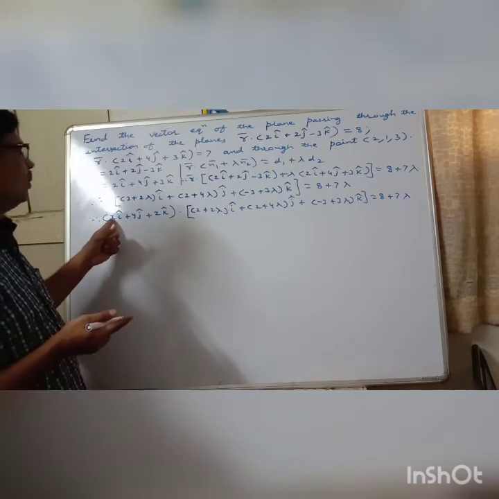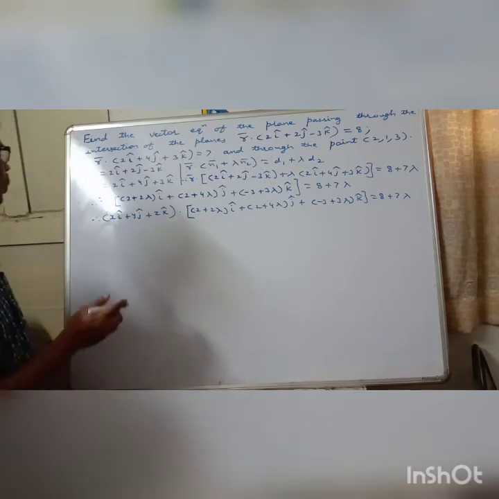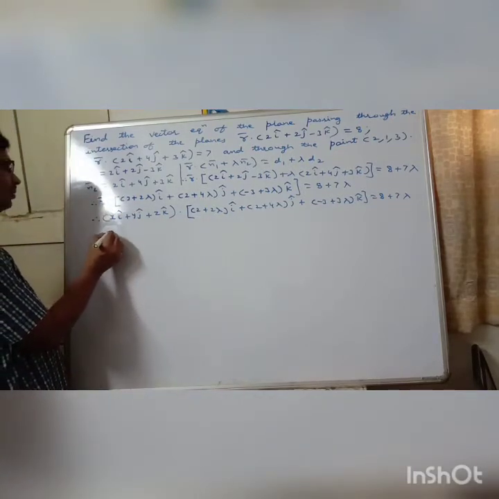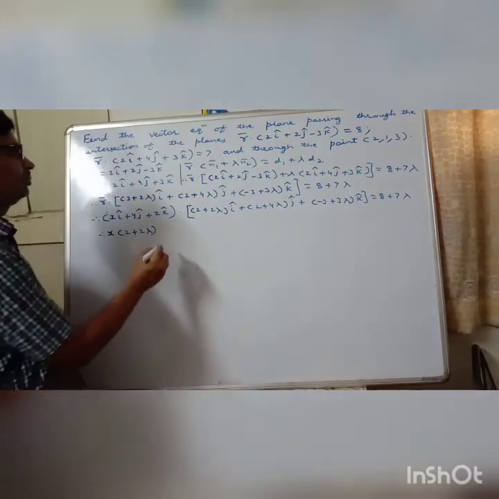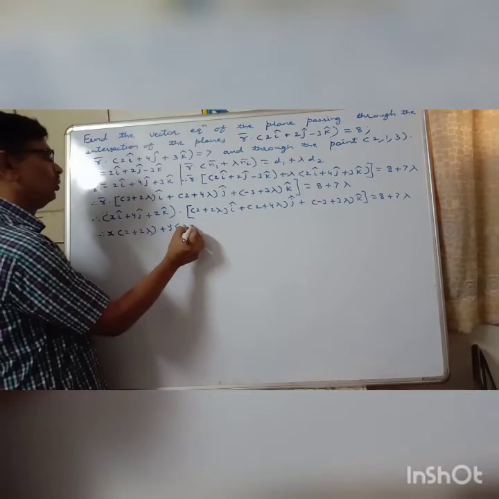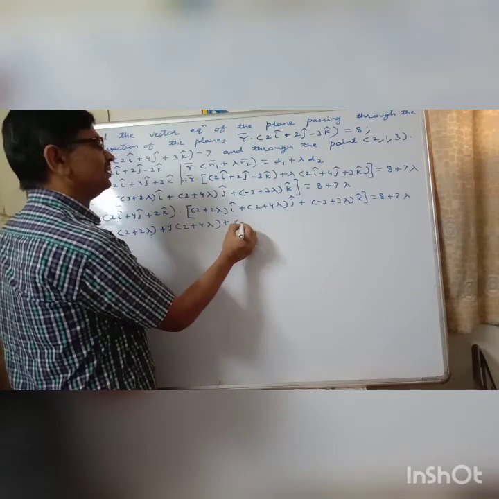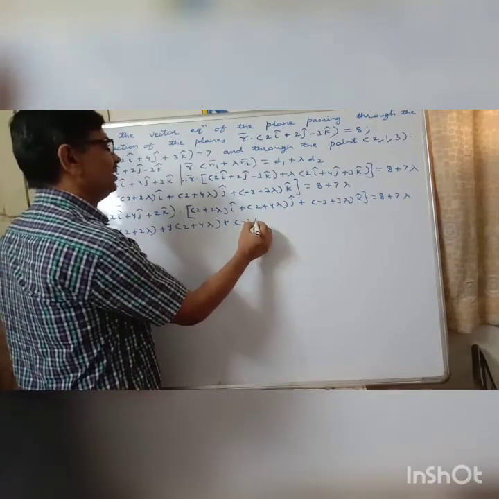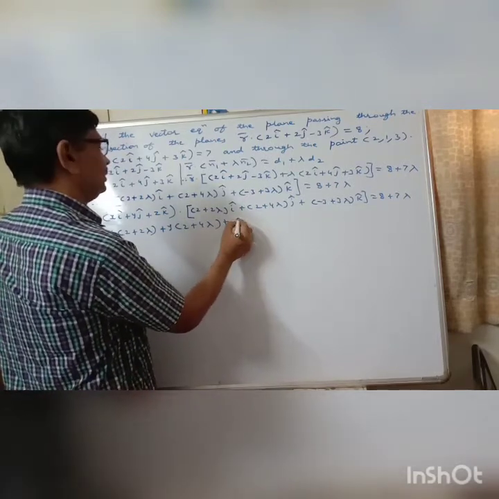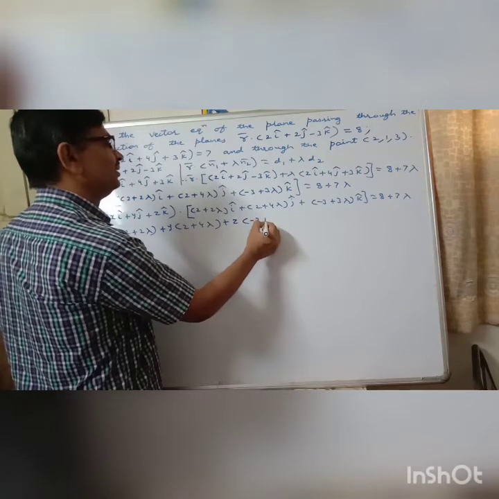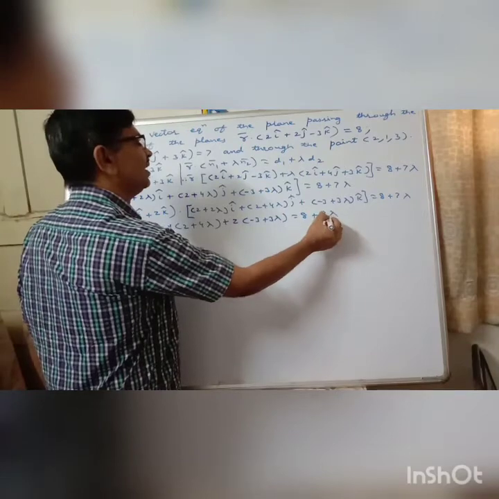Here, coefficient of i is x. Here, coefficient of i is 2 plus 2 lambda. x into bracket 2 plus 2 lambda, plus y into 2 plus 4 lambda, plus z in bracket minus 3 plus 3 lambda, equal to 8 plus 7 lambda.